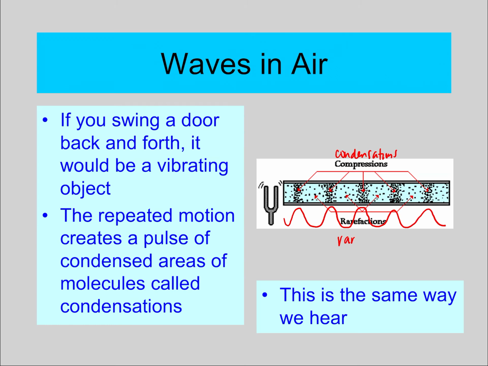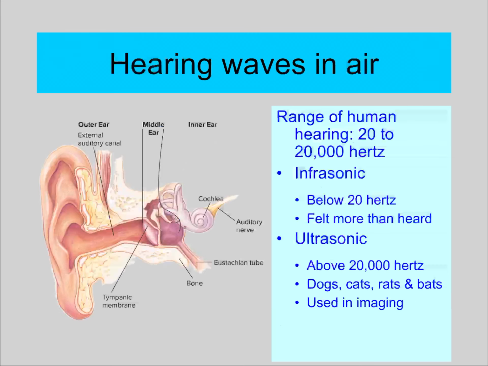They're going to be alternating areas of condensations or compressions and rarefactions. There's not a lot of molecules in the rarefactions, and then there's going to be a condensed, compressed area in the high parts. So this is how we hear. This is what your ear is hearing.